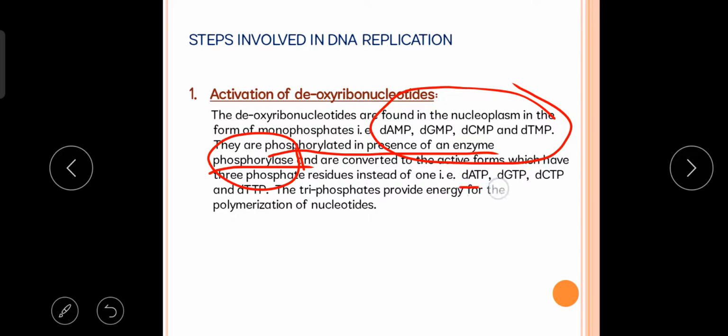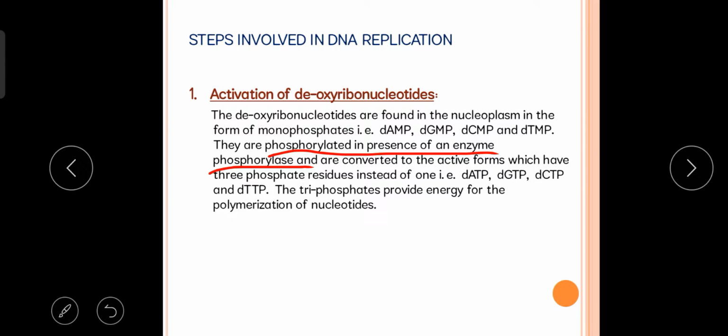That means deoxyadenosine triphosphate, deoxyguanosine triphosphate, deoxycytidine triphosphate and deoxythymidine triphosphate. So the first point is activation of deoxyribonucleotides. When the phosphorylase enzyme adds two phosphate groups to the monophosphates, they become triphosphates.